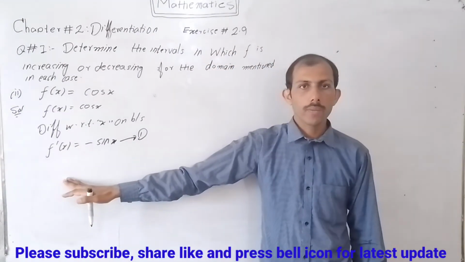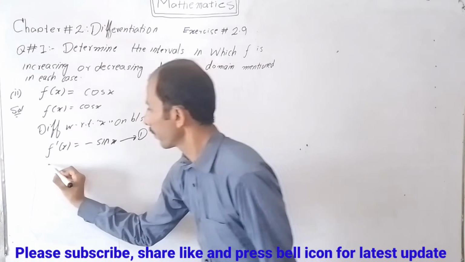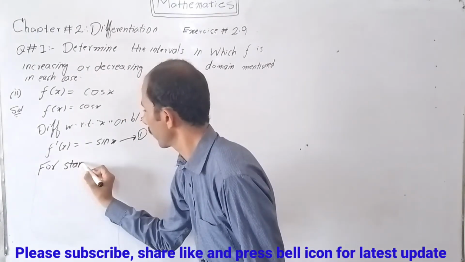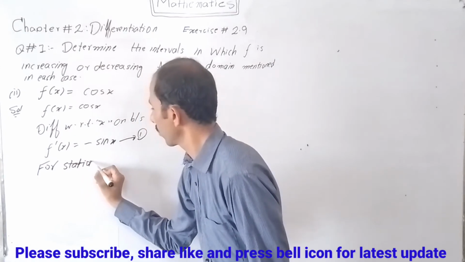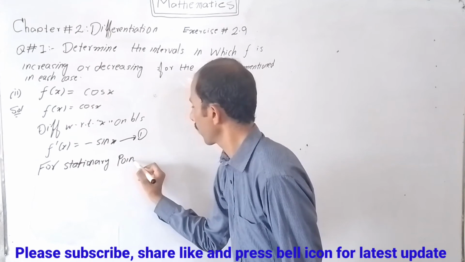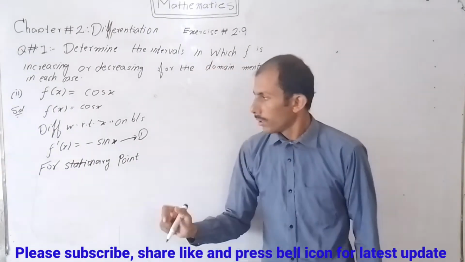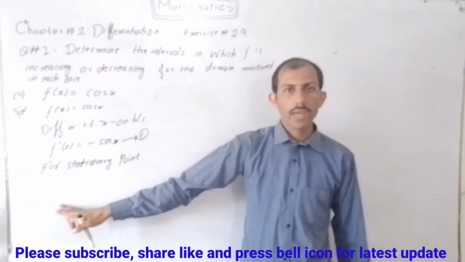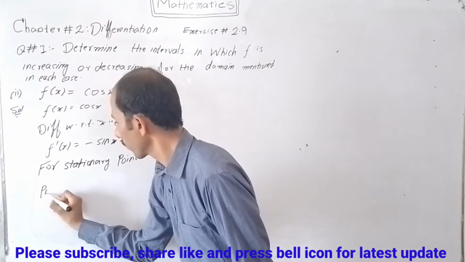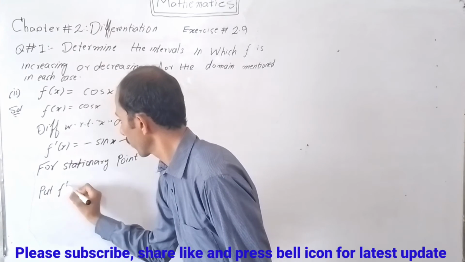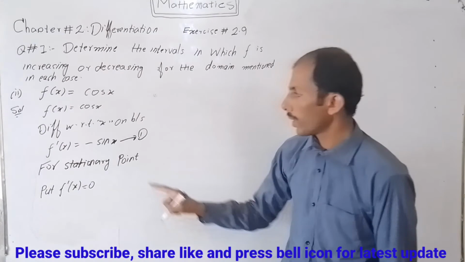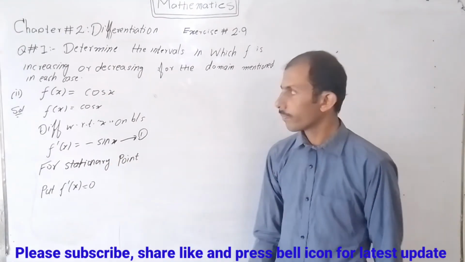For a stationary point, put f prime of x equal to 0. So minus sin x is equal to 0.